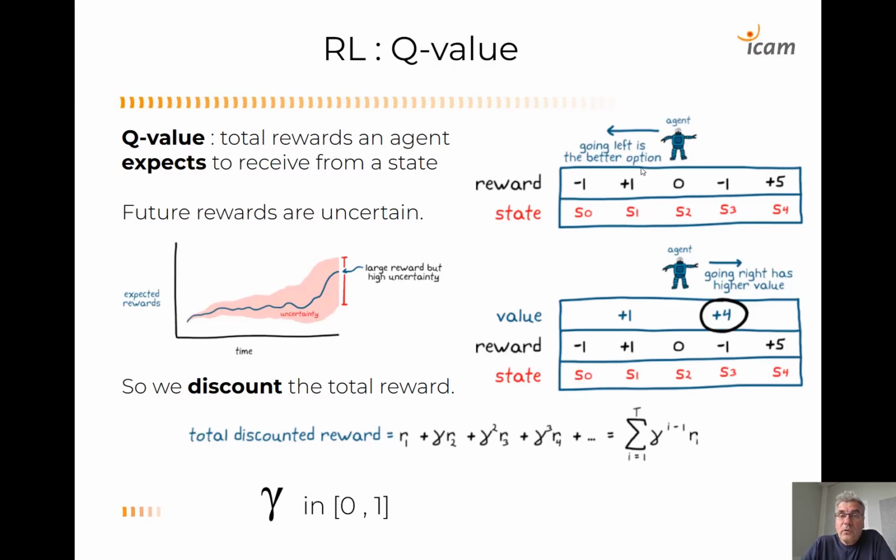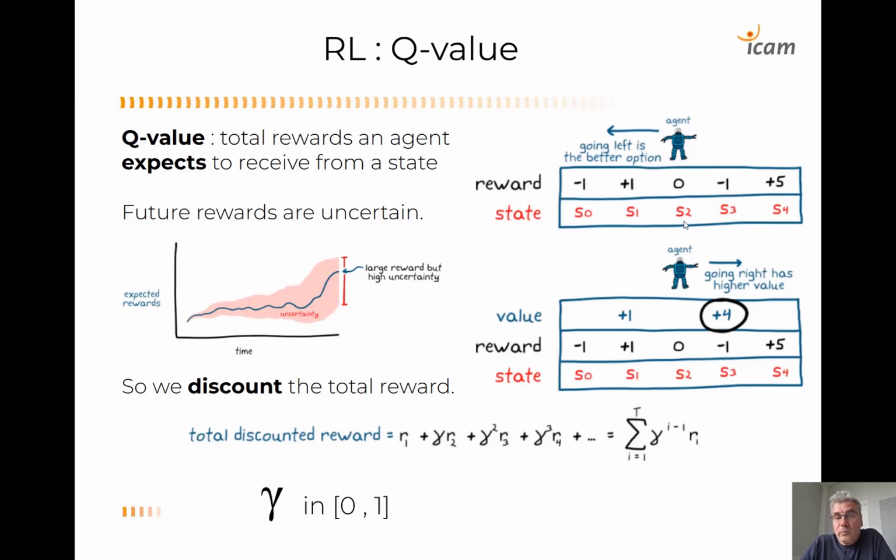So the total reward you can expect from the state S2 with the action go to the left is only +1. This is the Q value of the action go to the left, being in the state S2.